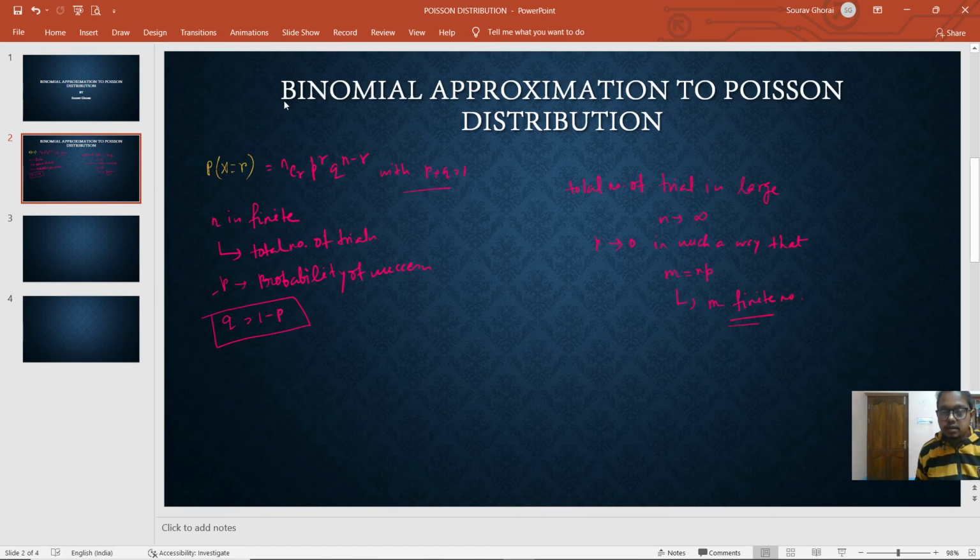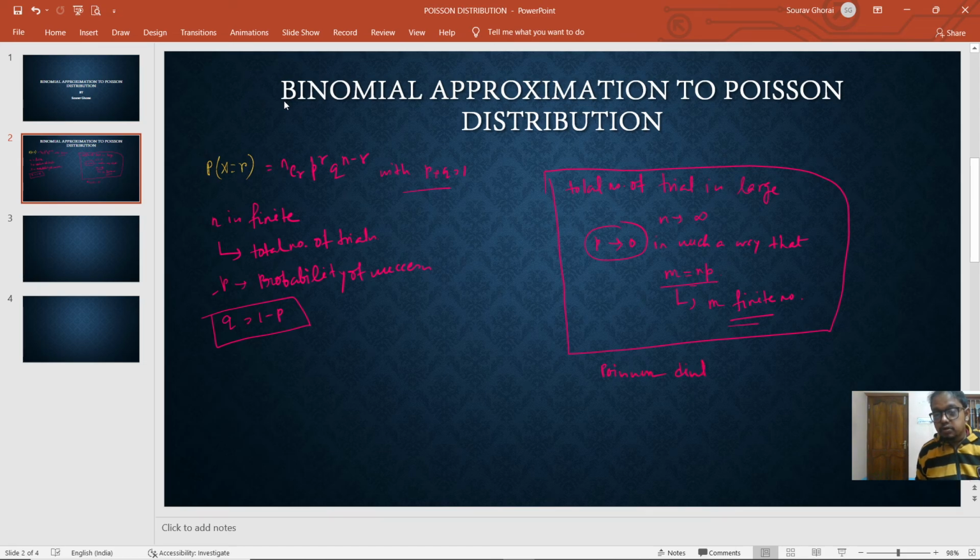And when this condition arises, that is, the total number of trials is infinite and the probability of success, p, tends to 0 in such a way that m is equal to np, then we will use the Poisson distribution.